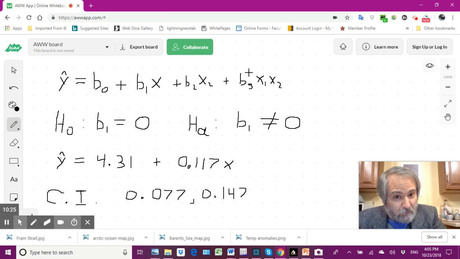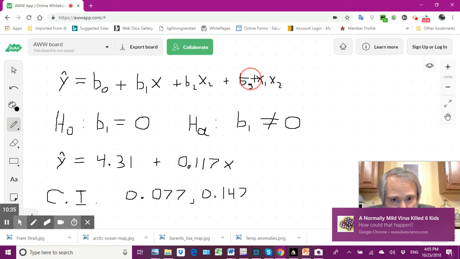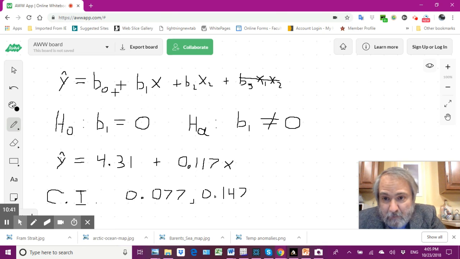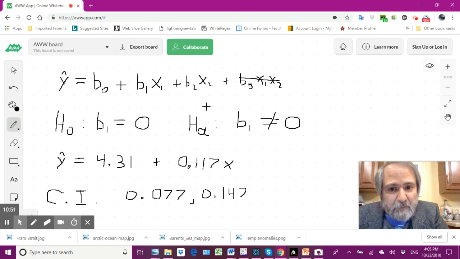If this turned out to be the situation where we cannot reject that it's equal to 0, then we can eliminate that from the model. And it may be simply b1x1, and I guess since I put in b2x2, let's put in the b1x1 there. So it might be simply that, okay, this is the model we go with.